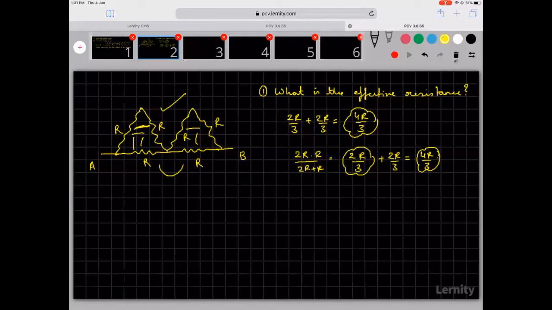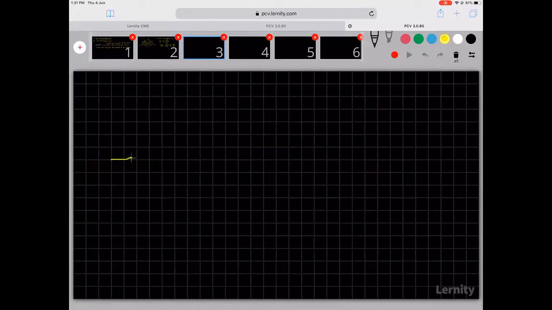Okay, so very simple, right? Now I have another small question for you. This is a resistor, this is the same resistor, same thing. Now here I have connected one. So now I have A here, B here.